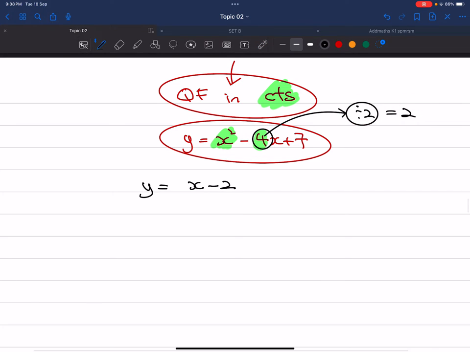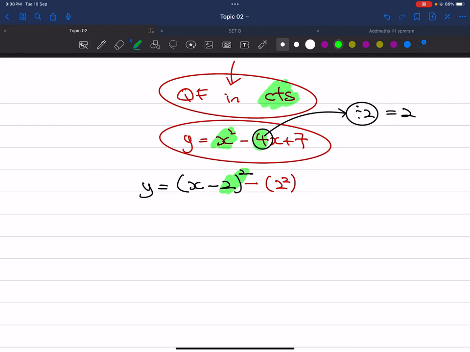So I put back the 2, close the bracket, square, and then minus, whether inside plus or minus, outside always minus. Minus what? Minus the 2 square. Put in brackets, minus the 2 square.